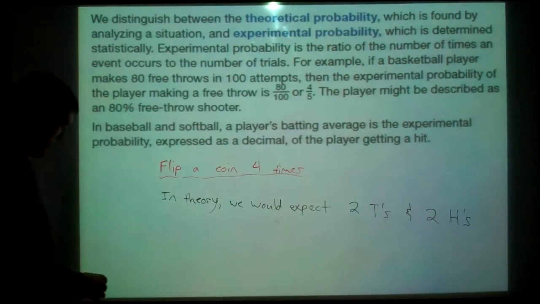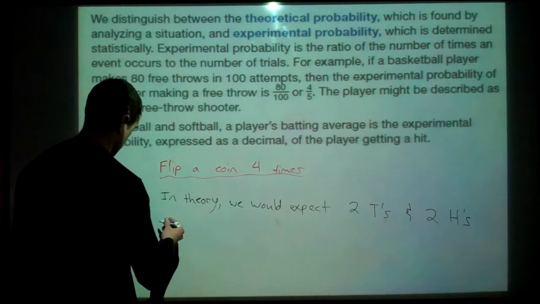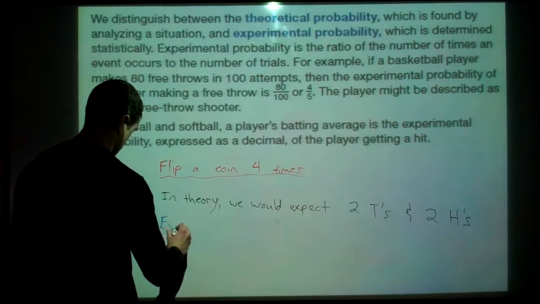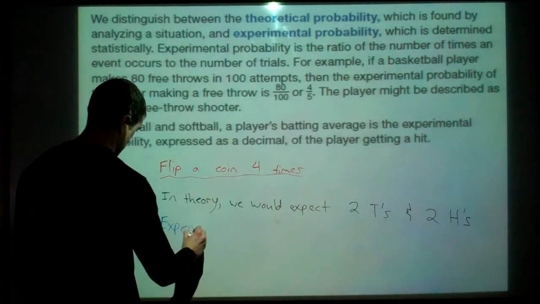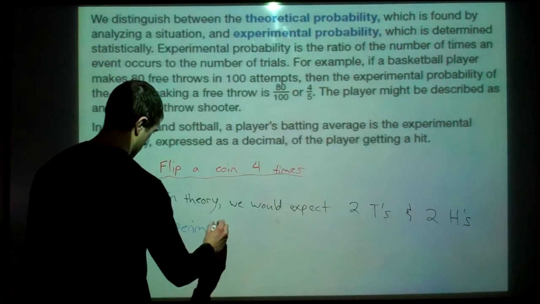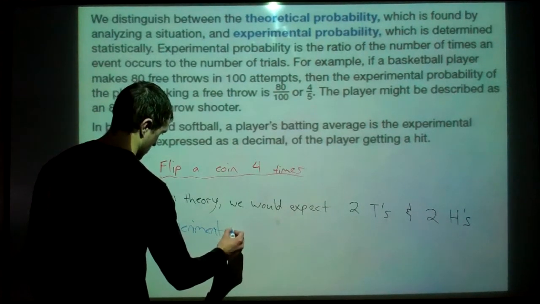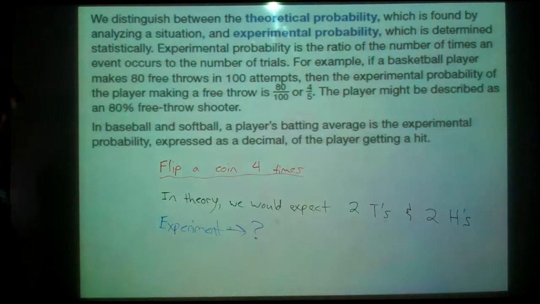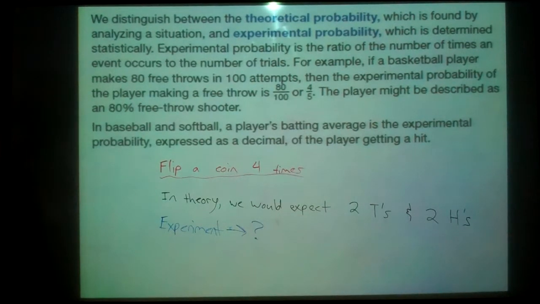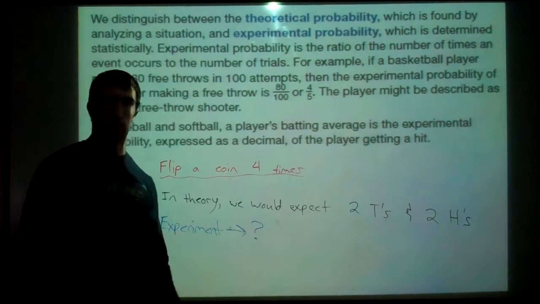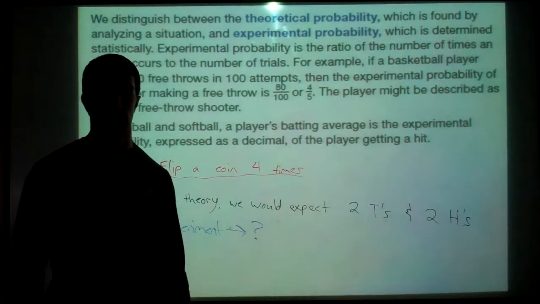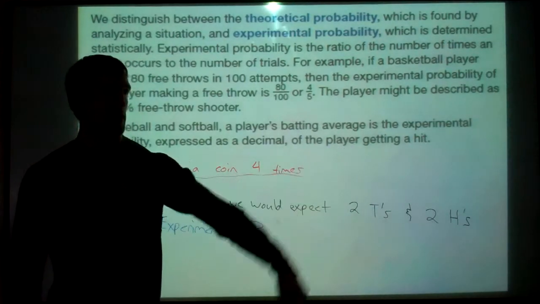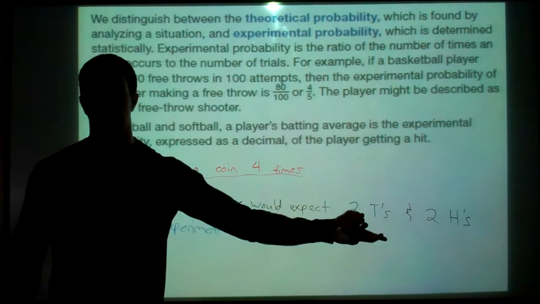But experimentally, if we do an experiment and we actually flip a coin 4 times, if I gave each student in my class a quarter and told them to record what they got for each flip, I might get 1 heads and 3 tails over here.